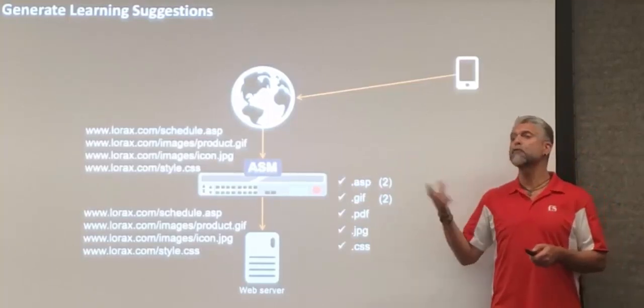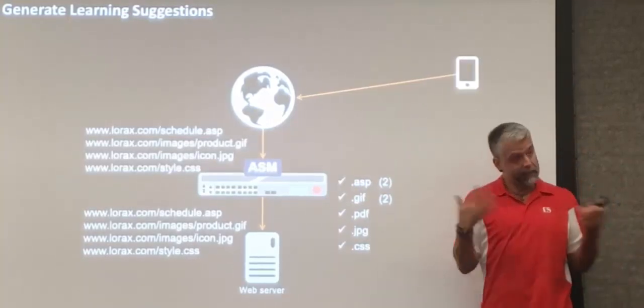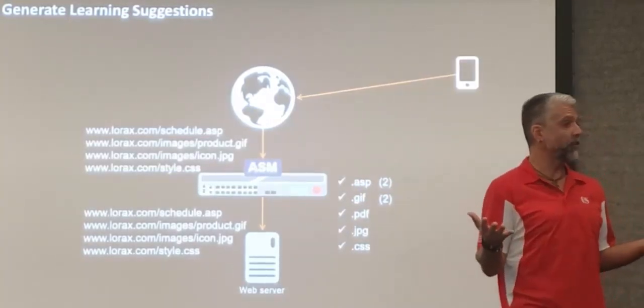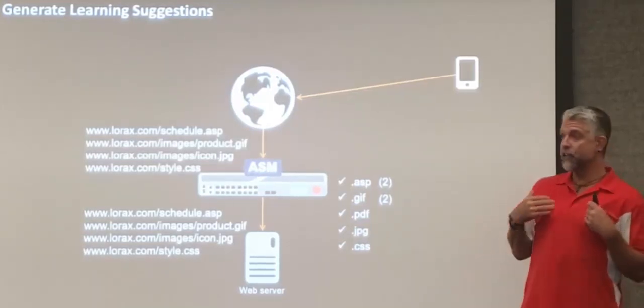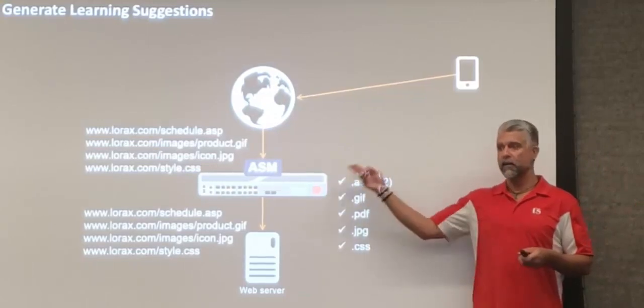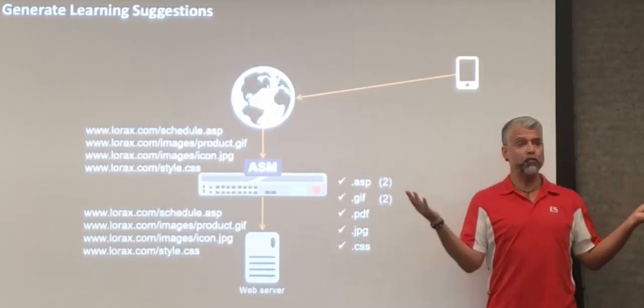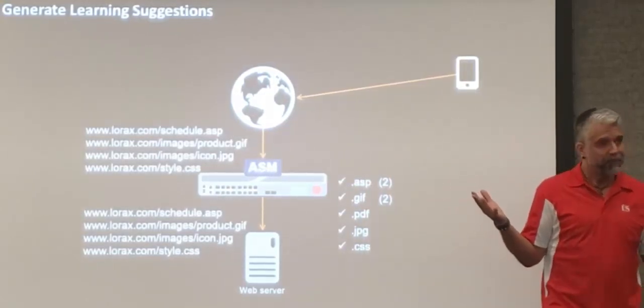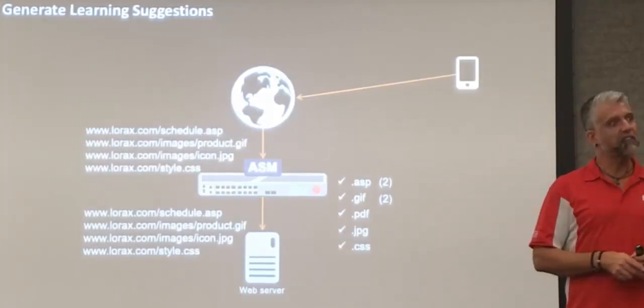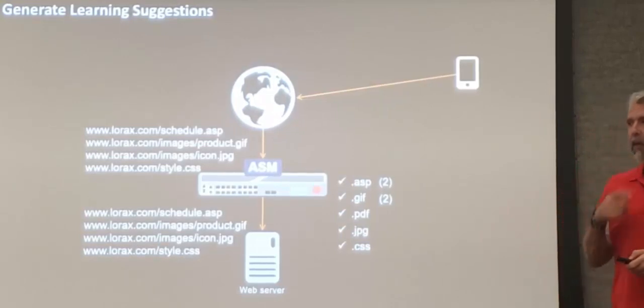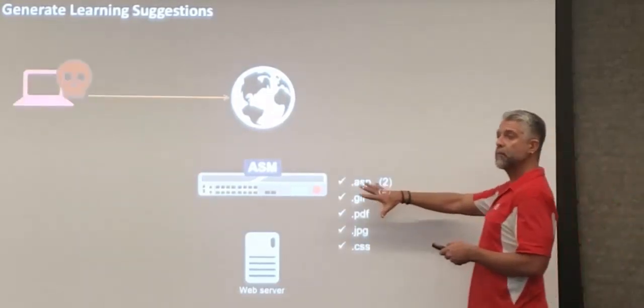ASM, the policy builder, keeps track of how many times each file type is requested. That's for our benefit. But I can see, over the last week, the ASP file type was requested 25,000 times. That gives us some information that that probably is a valid file type. But remember, these are suggestions only.